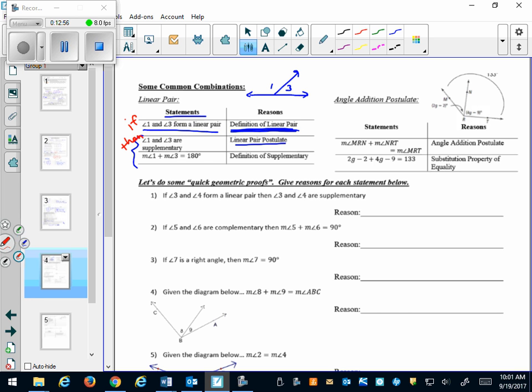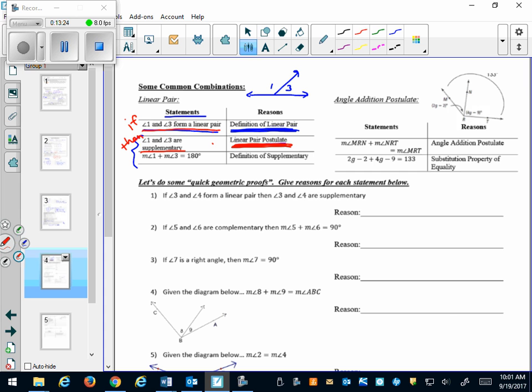The first statement, if these 2 angles form a linear pair, then they're supplementary, is exactly how the linear pair postulate is stated. So we're justifying our logic from step 1 to step 2 by this reason, linear pair postulate. We know they're a linear pair, therefore they're supplementary because of linear pair postulate. And that's how the logic of a proof goes.